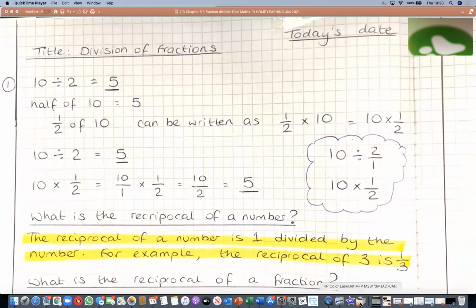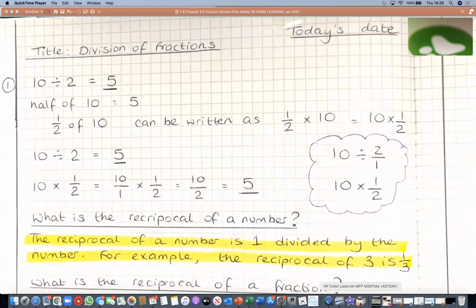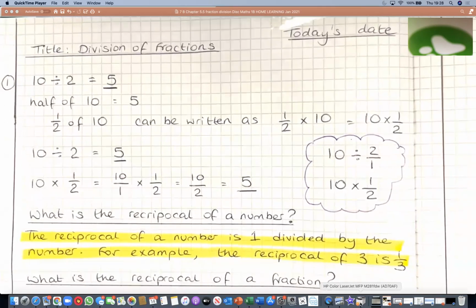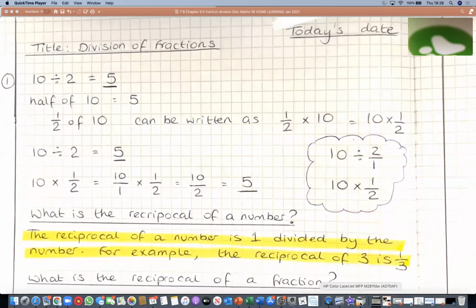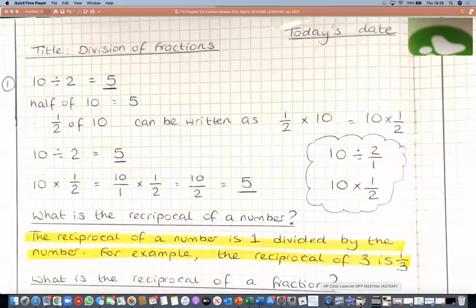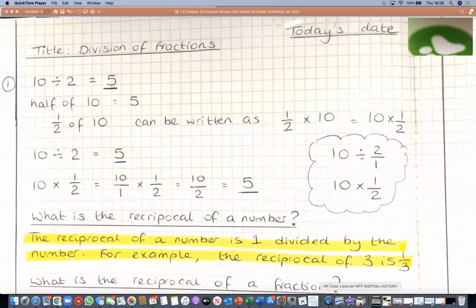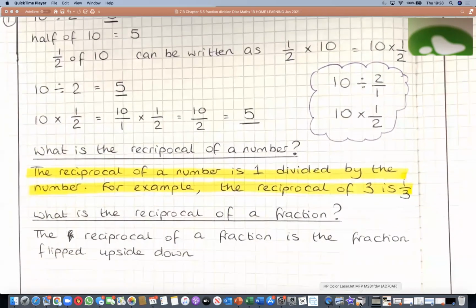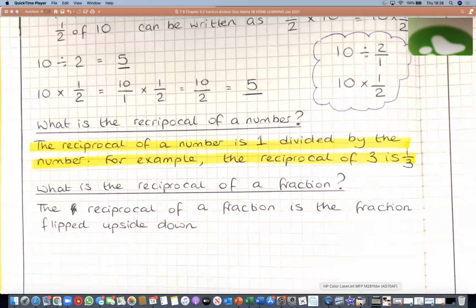It's the same thing, actually. It's 1 divided by the fraction, but we tend to write that much more simply. Is the fraction, and we say that it's been flipped upside down.